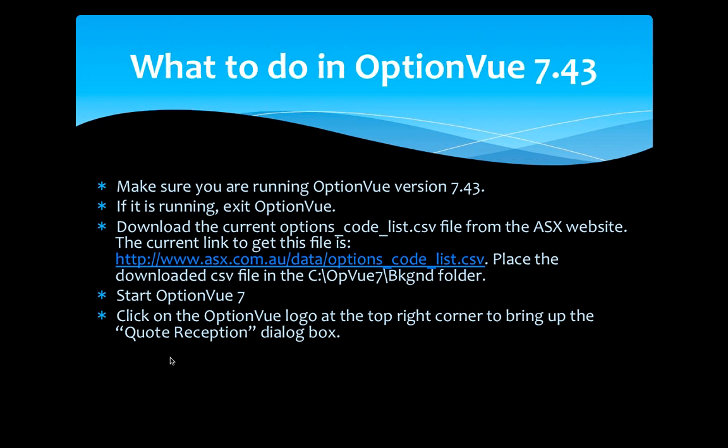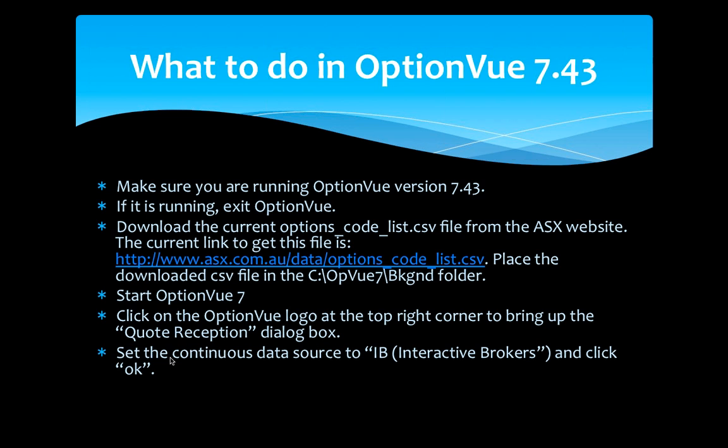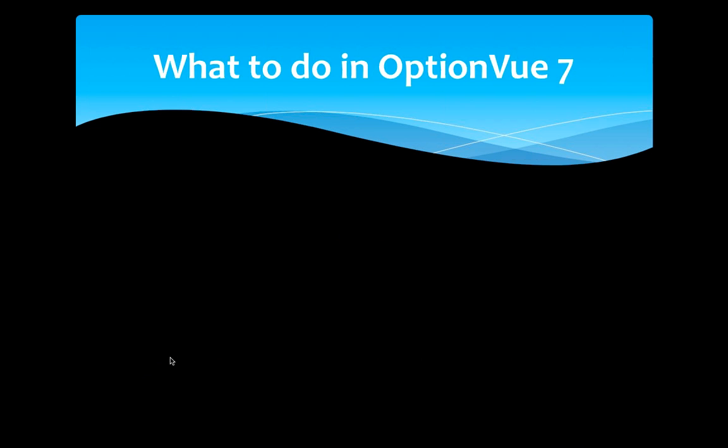I'll show you in a minute. Next, you will select Interactive Brokers, click OK, and you will probably have a message in your Interactive Brokers platform asking if you are happy to access third-party data. You need to agree, of course, to enable such a connection. You may have some problem with your initial settings. There could be some errors, but I'll mention that in a minute.